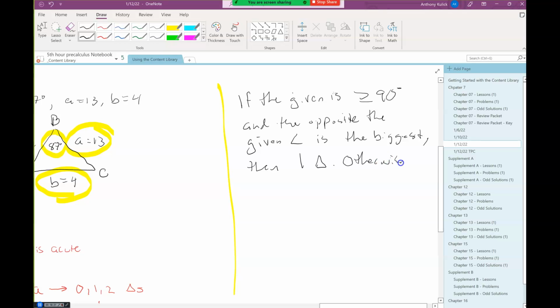Otherwise, 0 triangles. So if that side opposite is equal to the other one or smaller, 0 triangles.